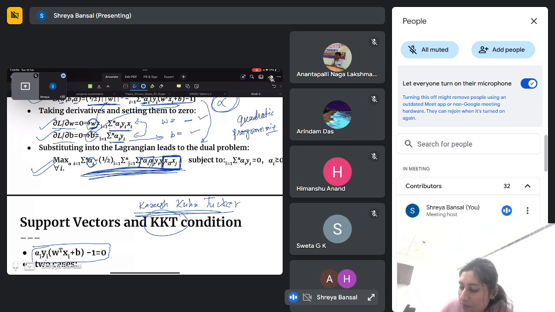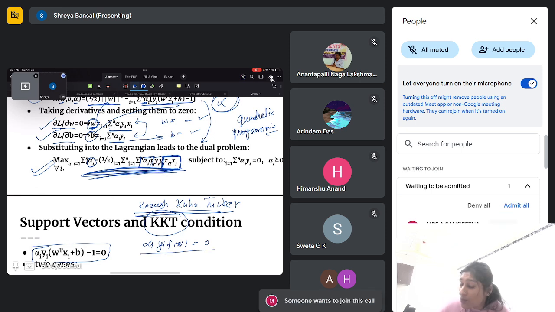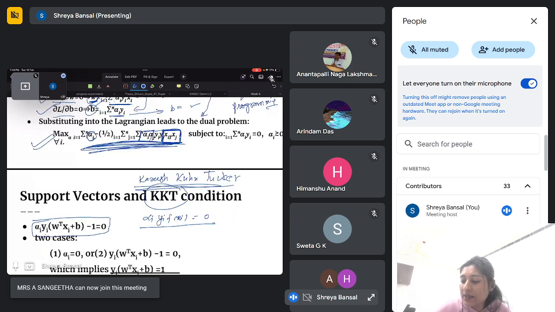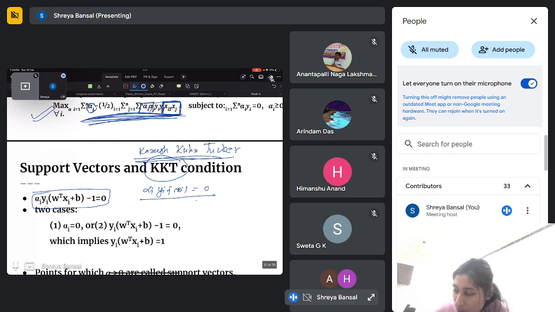This is alpha I, yi, f(xi). So alpha I, yi, f(xi) should be equal to 0. I'm not going into KKT conditions, you have to find it out. Just take this as fact that from the KKT condition we got this point.